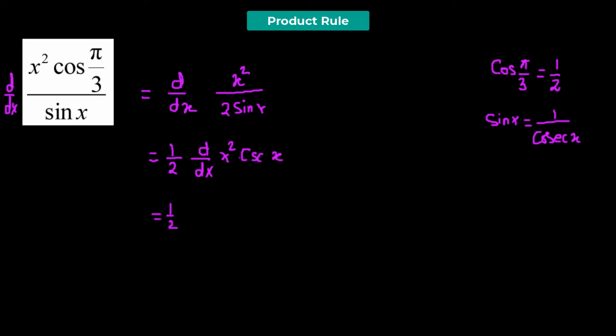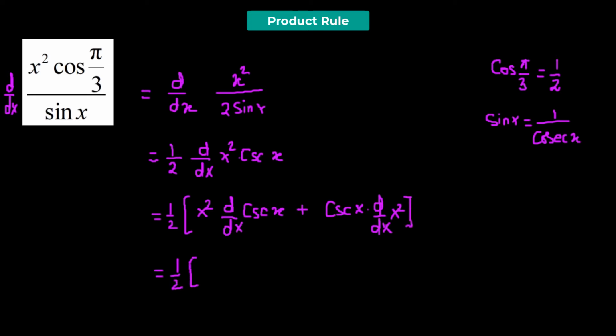Now we can apply the product rule, treating x squared as the first function. So we have x squared times the derivative of the second function, which is cosec of x, plus cosec of x times the derivative of x squared, all multiplied by half.